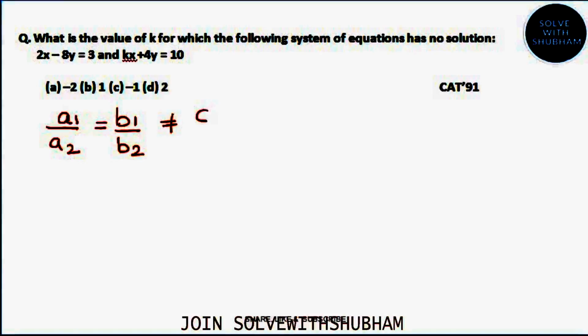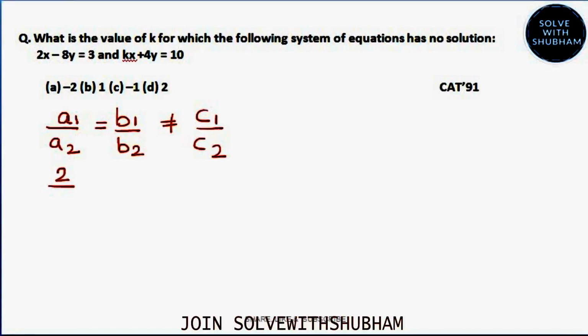What is the value of k for which the following system of equations has no solution? We have been given two equations, 2x minus 8y is equal to 3, kx plus 4y is 10. This is a CAT 90-91 question. We have been given four options. Now we have just learnt it. When we want no solution, then a1 by a2 should be equal to b1 by b2. It should not be equal to c1 by c2.